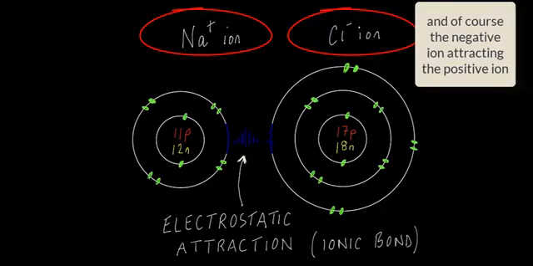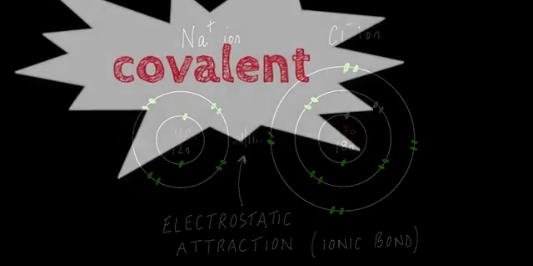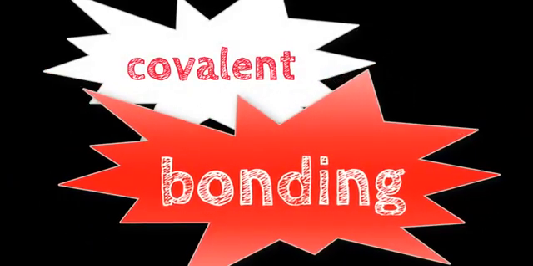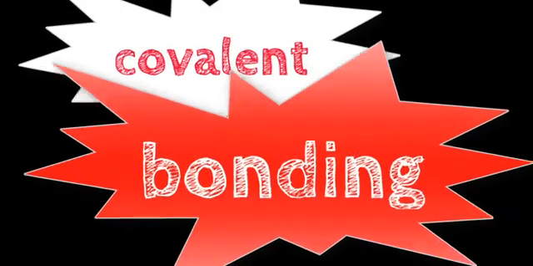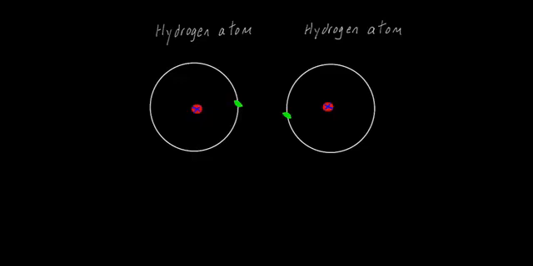Covalent bonding is different, and that's because the atoms share a pair of unpaired electrons. The simplest example of this is the formation of a molecule of hydrogen. When these two hydrogen atoms come close to each other, the positive nuclei of both atoms strongly attract the other's electron. Again, it is because they need to be like a noble gas for stability.